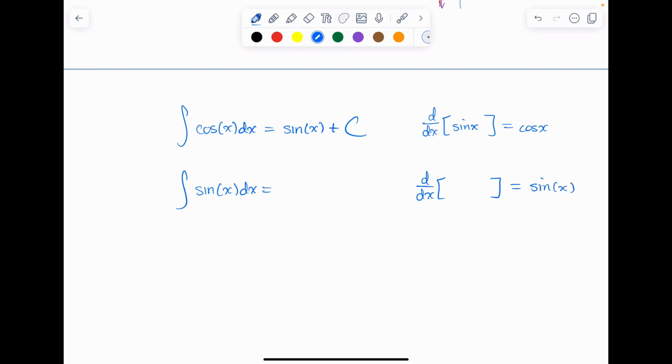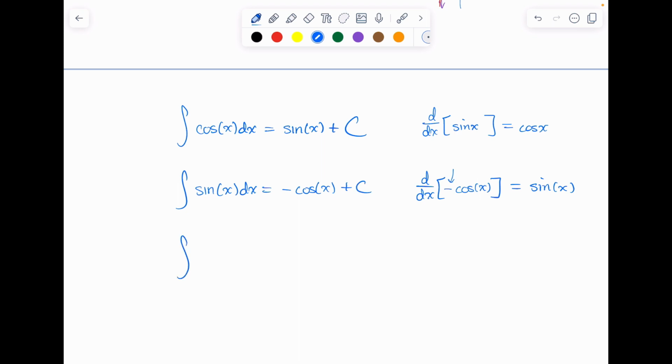Well, it's actually not cosine, not cosine just by itself. It's actually negative cosine of x, right? Because the derivative of cosine is negative sine. To get rid of that negative, we would have to make this one negative, so that we end up with positive sine. So the antiderivative, or the integral here, would be negative cosine of x plus c.